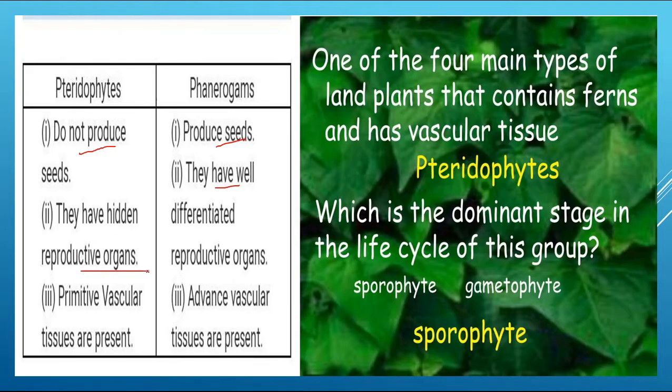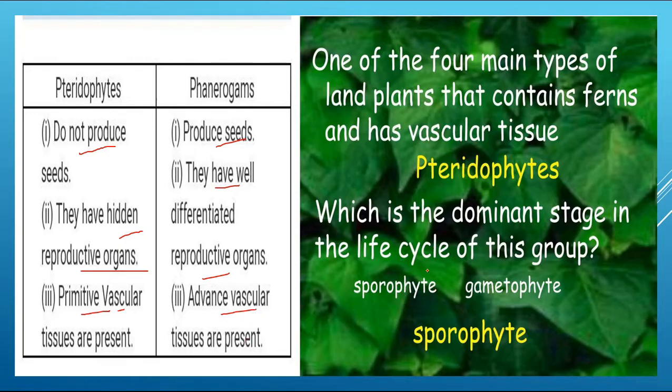The reproductive organs are always hidden in the pteridophyte, whereas in phanerogams they are well differentiated. Xylem and phloem are present in pteridophytes from the start. Till algae and bryophyta, no vascular tissues are present, but here a primitive type of vascular tissue is present for conduction, which becomes more advanced in phanerogams.